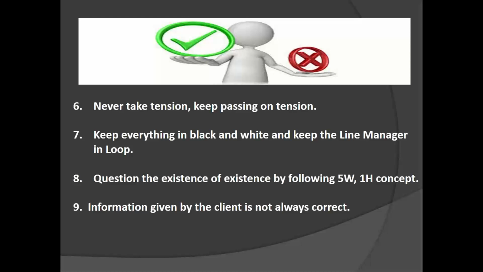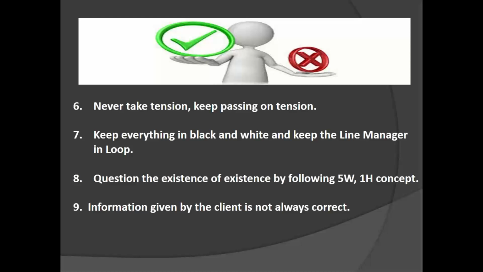Okay. The ninth one is that information given by the clients is not always correct. Sometimes clients wantonly give wrong information to check if you are showing interest in the project or not, if you are alert on the project or not.